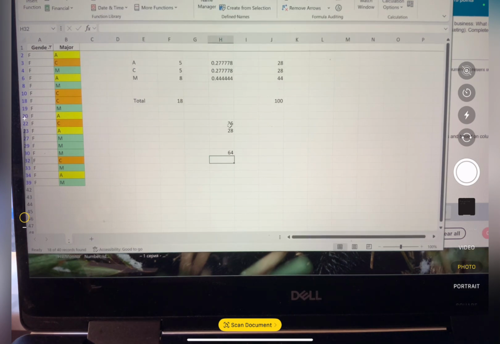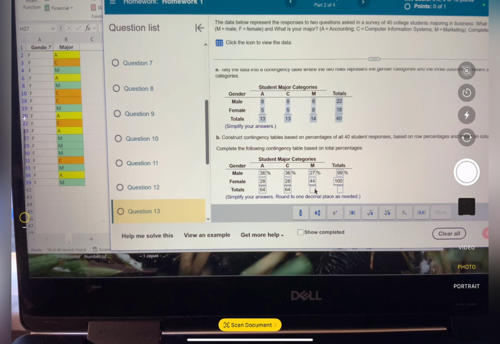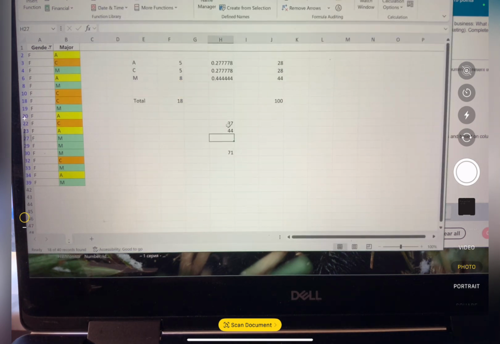Let me put 27 here, 44. Okay, enter, and I get 71 this time. All right, now total it's going to be, let me see, 64, 64, and 71.